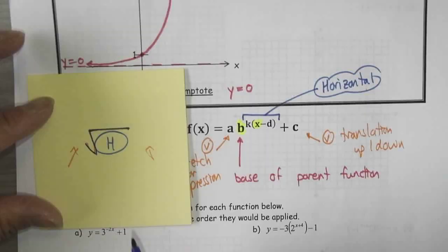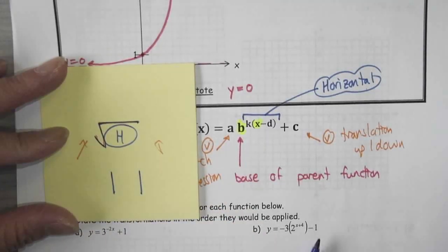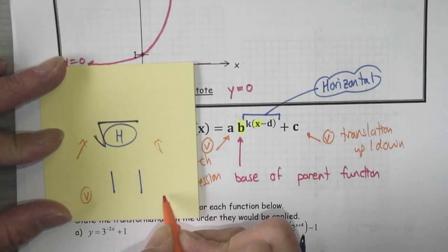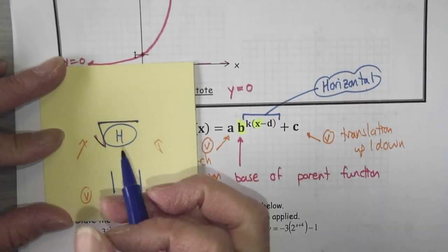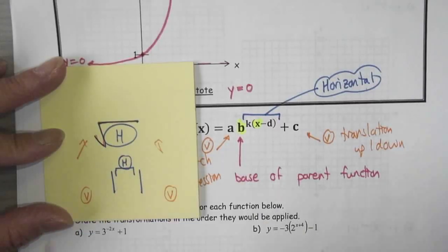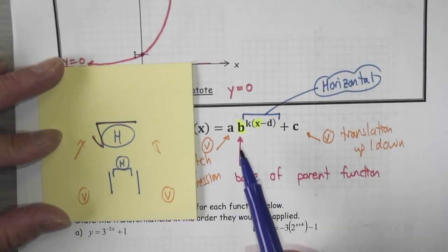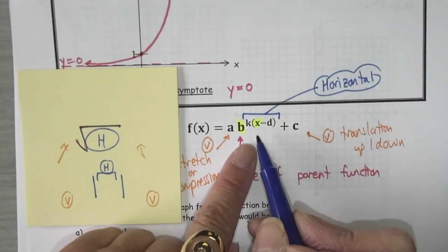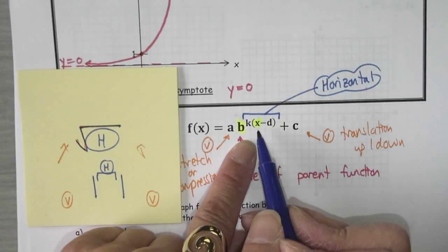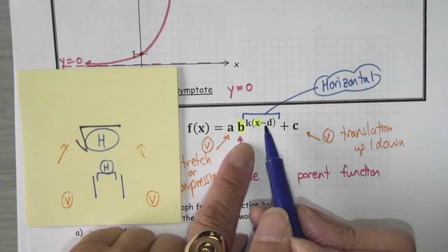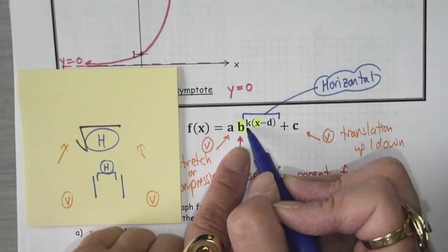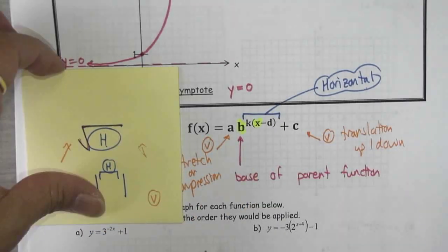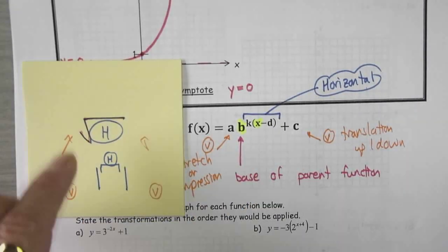For the absolute value, the vertical was out here, vertical, vertical, and then inside here was the horizontal. For an exponential, the two on the outside look normal. That's vertical. But our horizontal will be up with the x. So everything up here is horizontal. Then the rest of it's the same thing as what we did before.